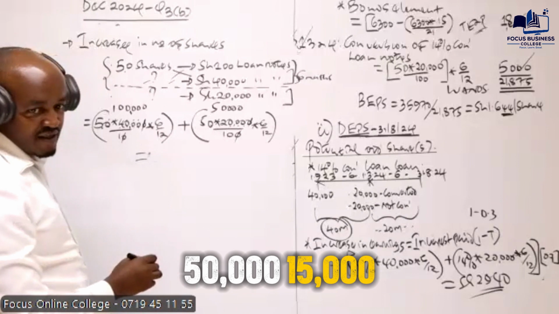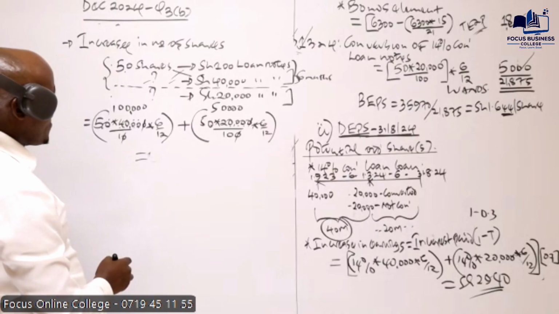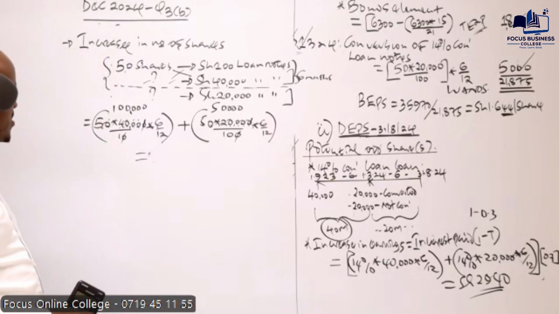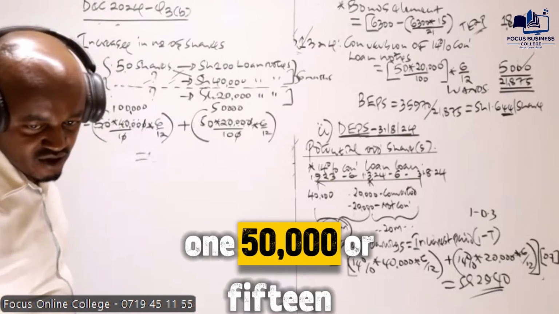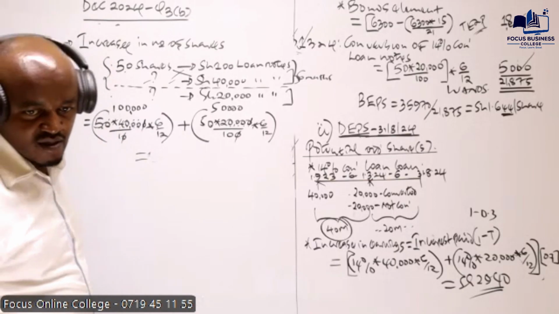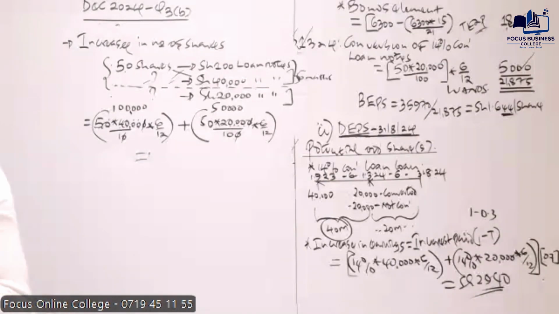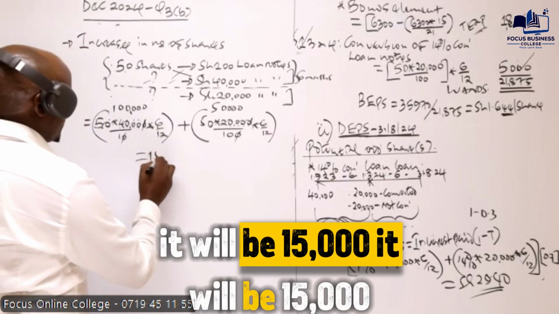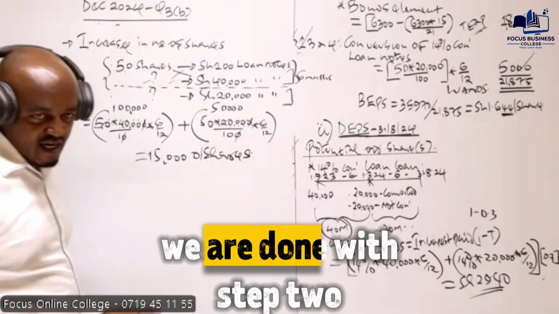Is it 150,000 or 15,000? Maybe just confirm: are you getting 15,000 or 150,000? Okay, I'm told it will be 15,000. And these are shares. Having this, we are done with step 2.